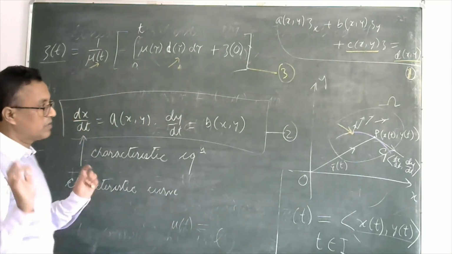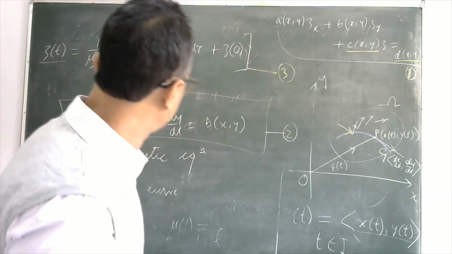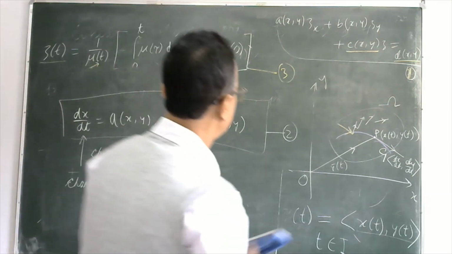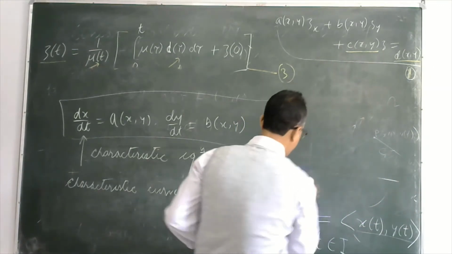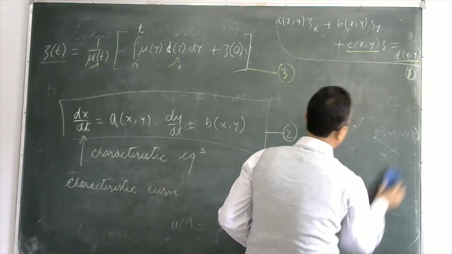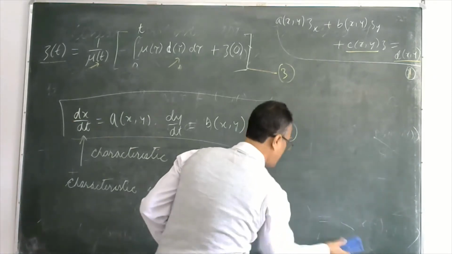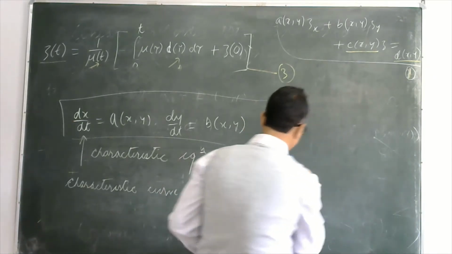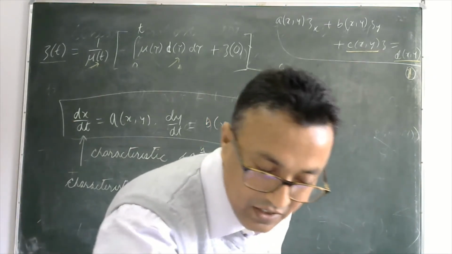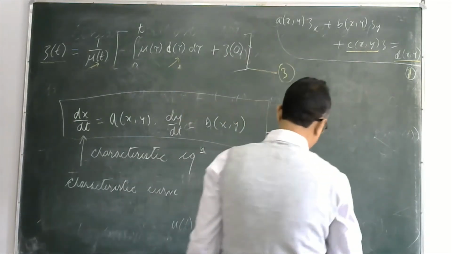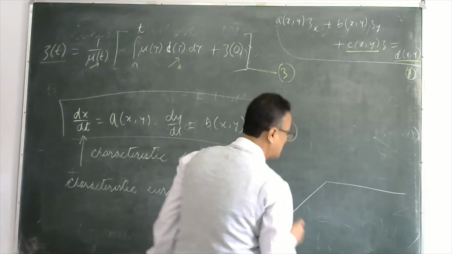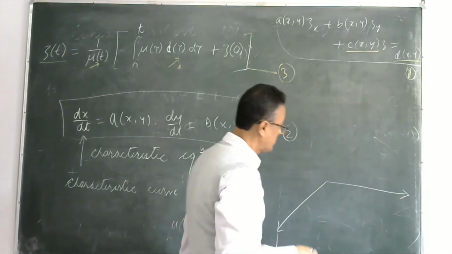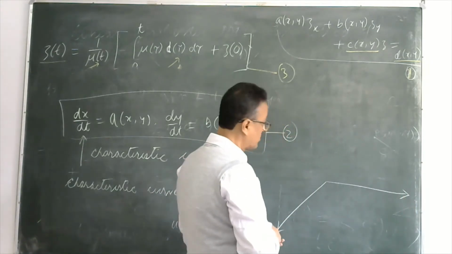Let me give you a pictorial representation of that. In fact, you have already been introduced to it in my previous classes when I was considering the quasi-linear differential equation.